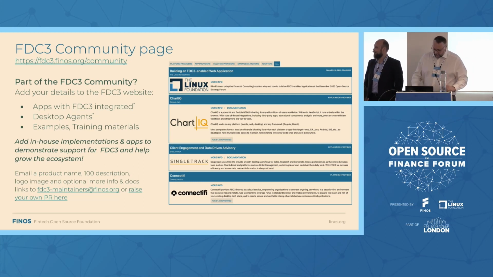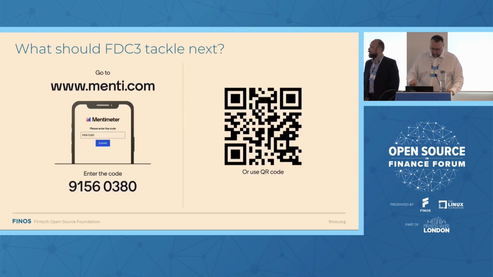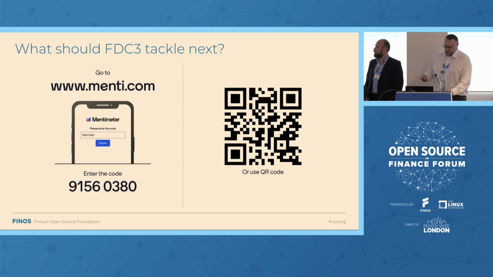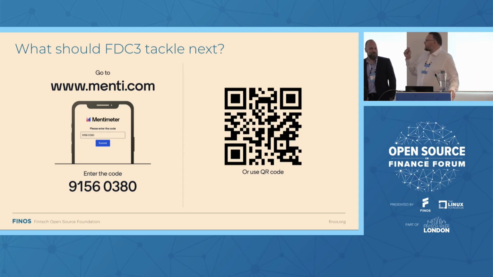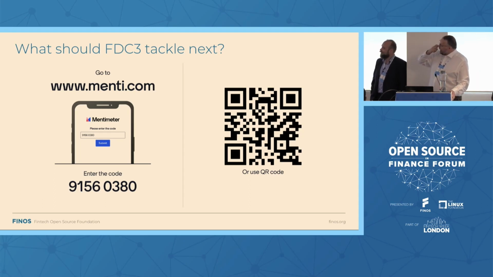Right, so I'm going to close on this. Now we're going to practice getting involved with FDC3, right? So you need to go on your phone, you can use the QR code, or you can just go to menti.com and put in that code over there, and it's going to ask you for 3 words that you want to put in, like what should FDC3 tackle next.